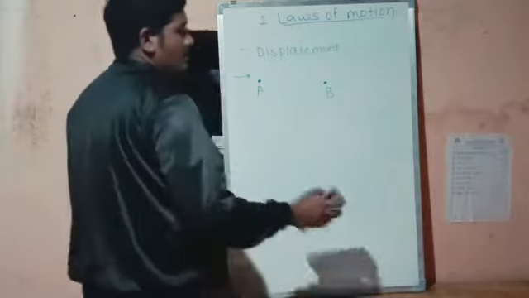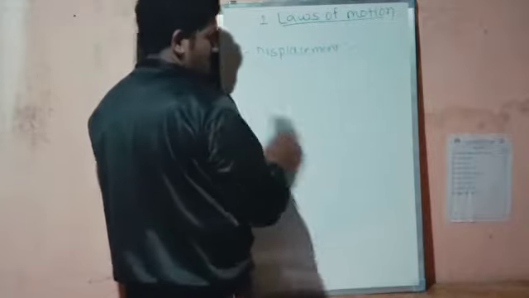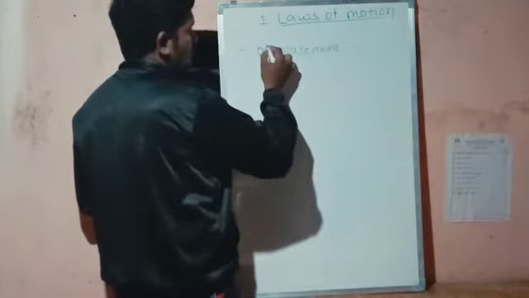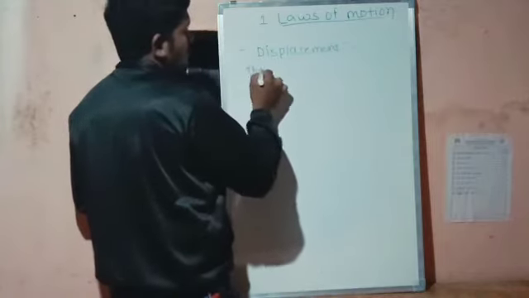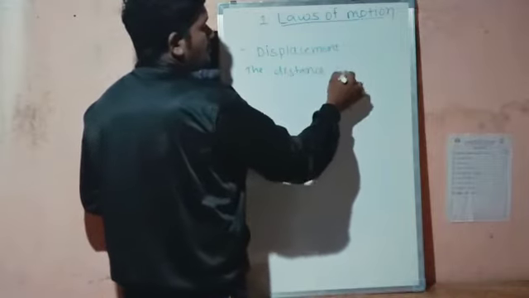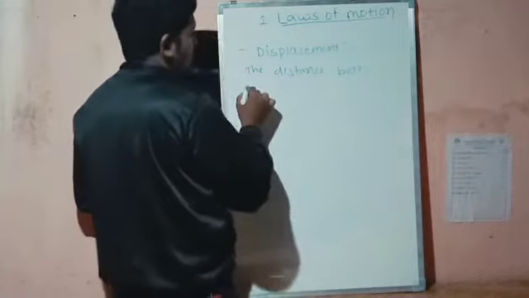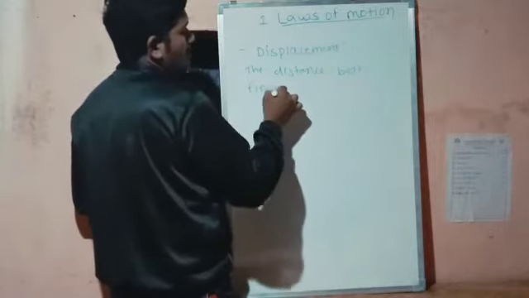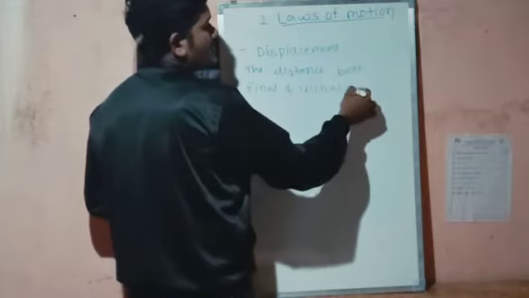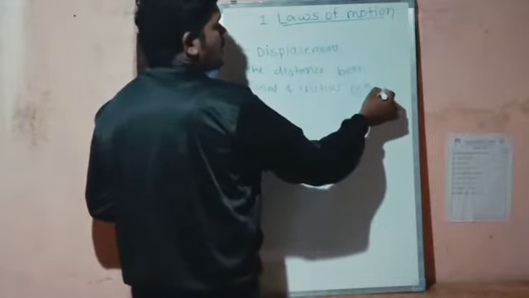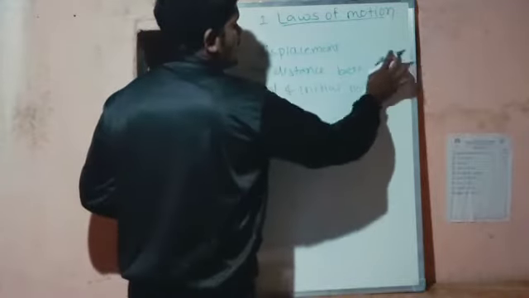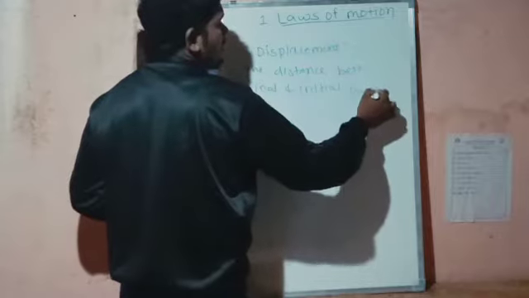I will write the definition first. The distance between final and initial positions is called displacement.